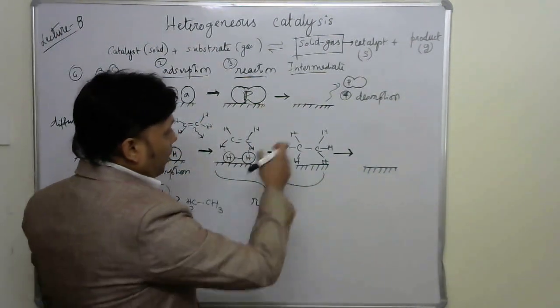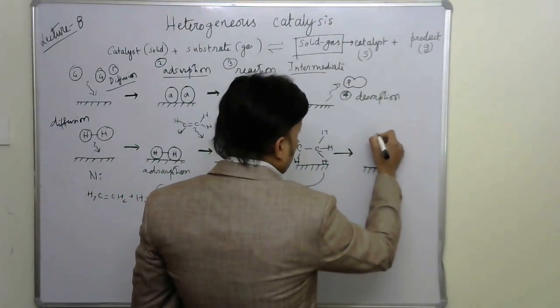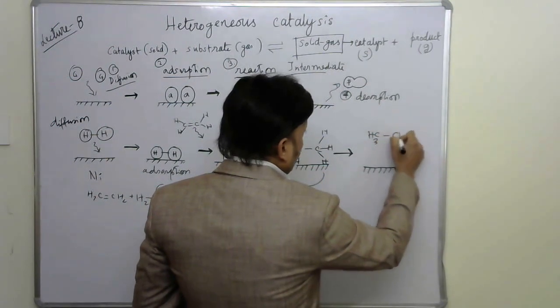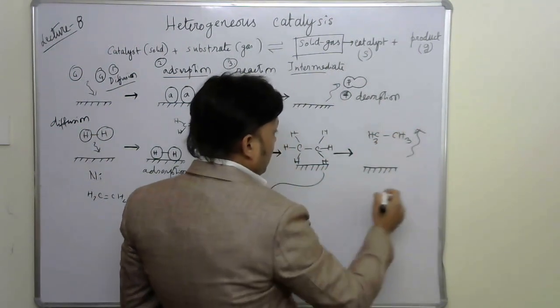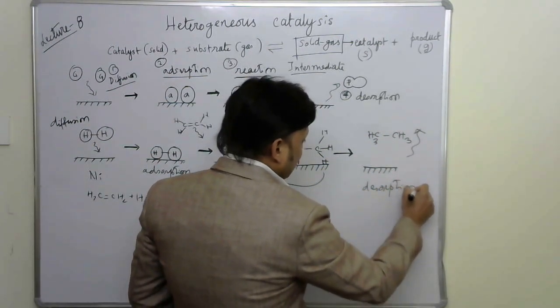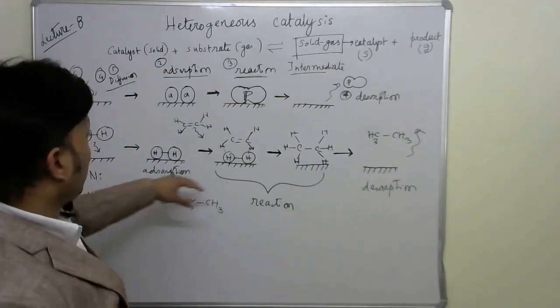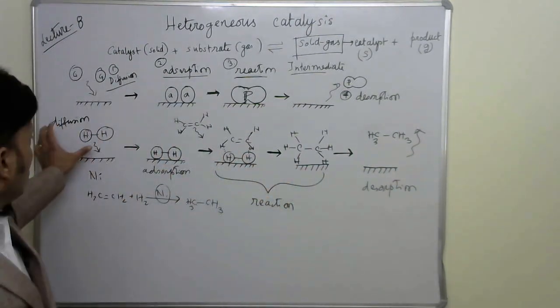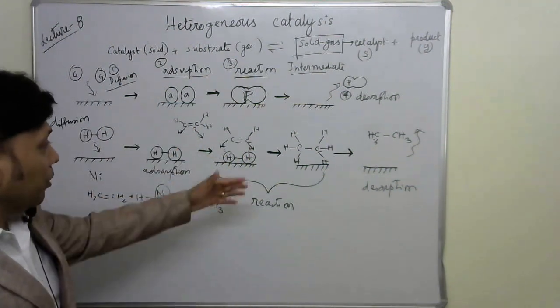Now that the product is formed, in the last step, the desorption step, we see that the ethane gas goes away from the surface, making the catalytic surface free for another fresh molecules of hydrogen and subsequently ethylene to react on.